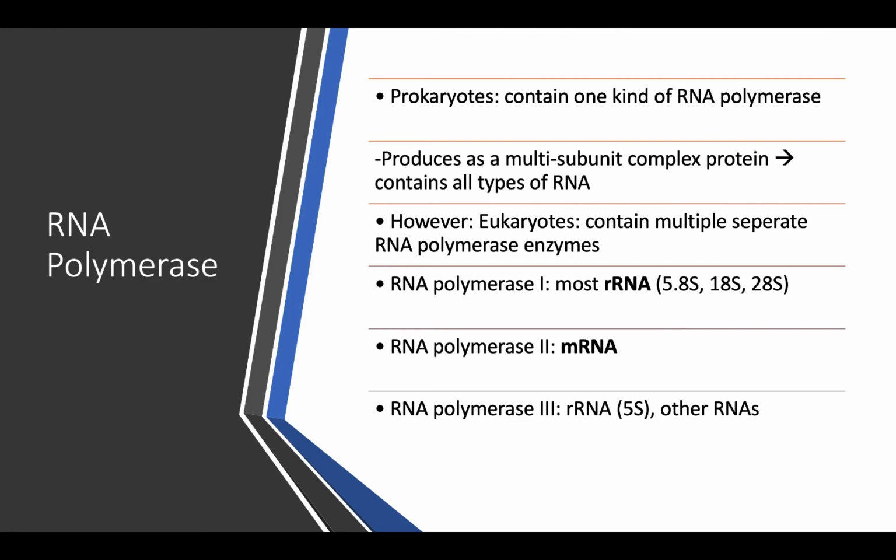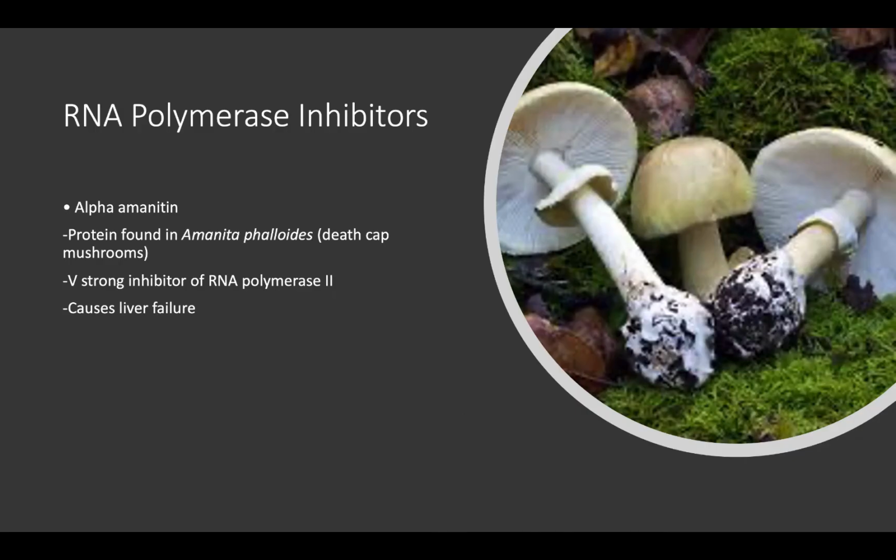When we talk about some clinical tie-ins here, we talk about RNA polymerase inhibitors. The first, which you may have read about before, is a protein found in what is called a death cap mushroom, Amanita phalloides. This is a very strong inhibitor of RNA polymerase.